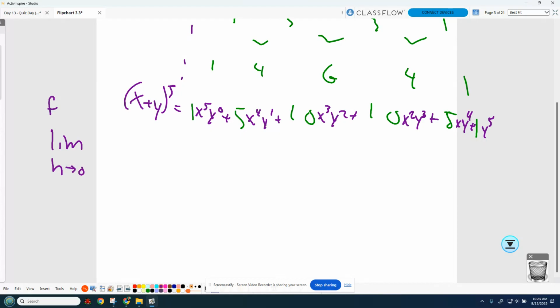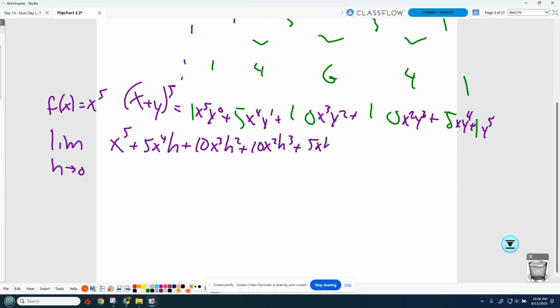limit definition of derivative for x to the 5th, for example. So all that mess was supposed to be h's. So x to the 5th plus 5x to the 4th h, plus 10x to the 3rd h squared, plus 10x to the 2nd h cubed, plus 5x h to the 4th, plus h to the 5th.